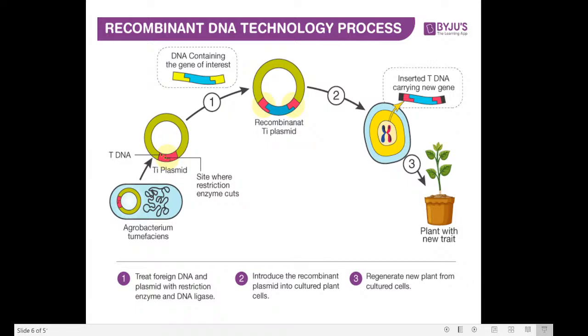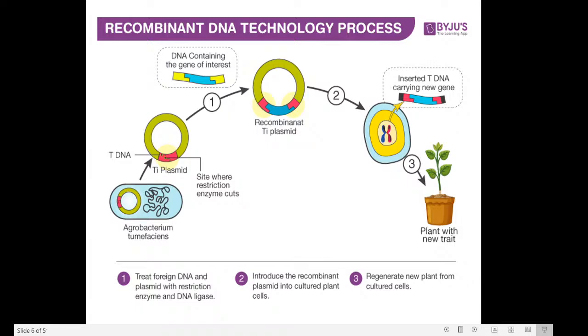Before going to the next section, please study Agrobacterium tumefaciens, because it's the most repeatedly asked concept. Once you understand the concept, you can easily answer the experimental questions. The Agrobacterium tumefaciens concept is very, very important from the CSIR examination point of view.